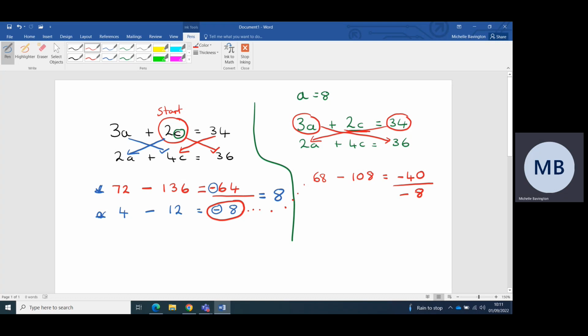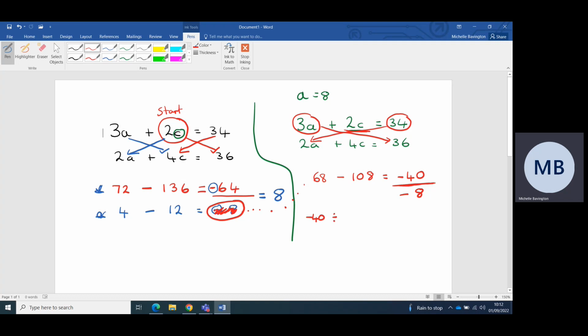Okay, so if you set it out like this in your exam or in your initial assessment, it gives you a clear picture of what you're doing. One sign, keep it. Two signs, don't. I've got two signs here, so it's negative 40 divided by minus 8.